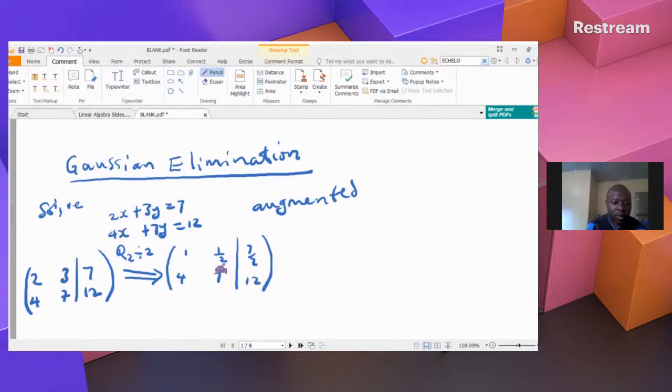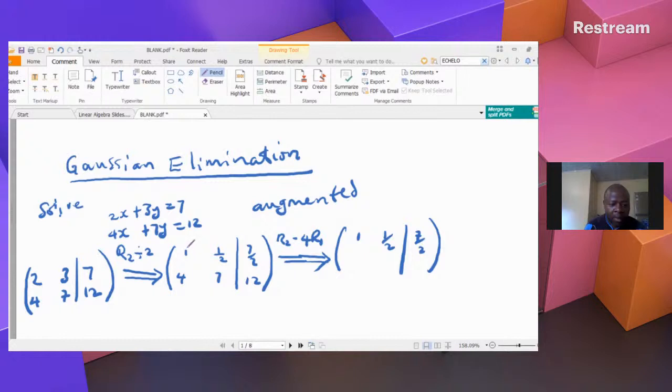We're supposed to take row 2 minus 4 row 1. Row 1 we will not touch, we just leave it where it is. This is 7 out of 2.